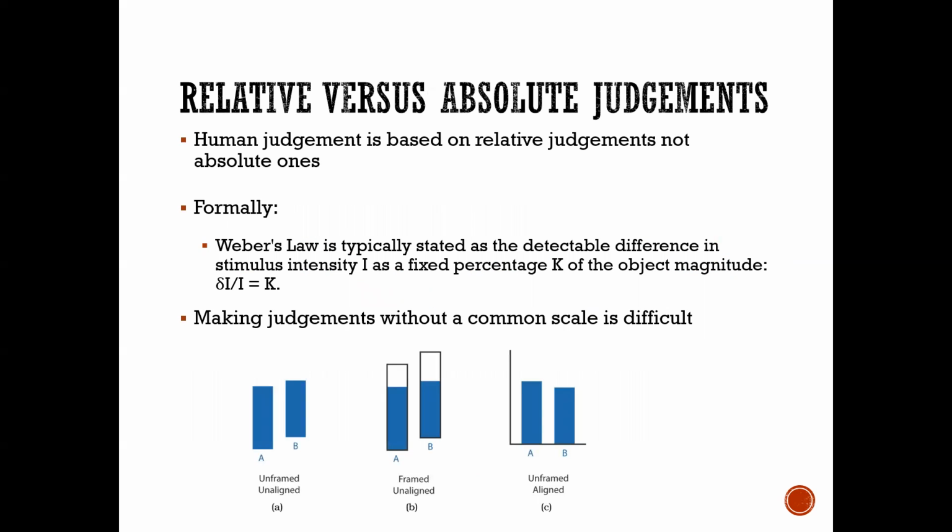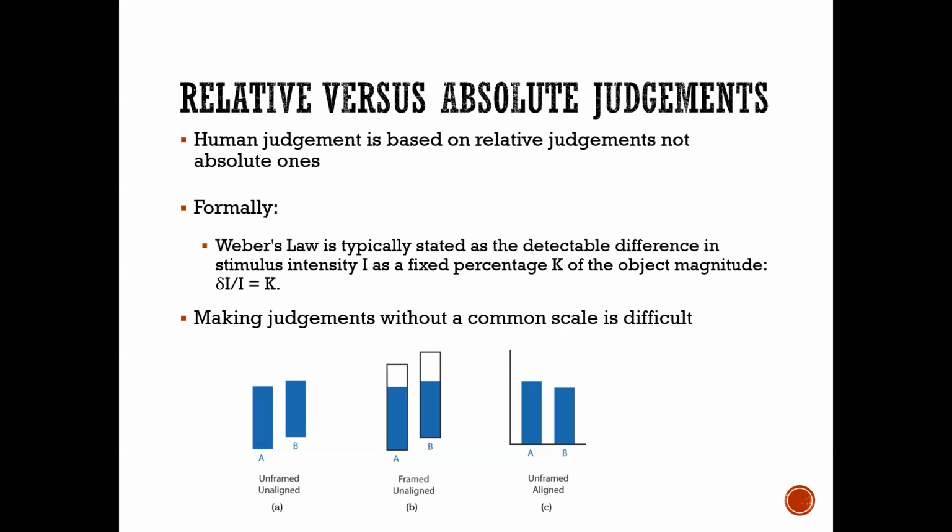So human judgments are based on relative judgments and not absolute ones. There's a law called Weber's law that's typically stated as: detectable difference in stimulus intensity is a fixed percentage of object magnitude, given as delta I divided by I equals K. Basically what this tells us is that making judgments without a common scale is difficult.